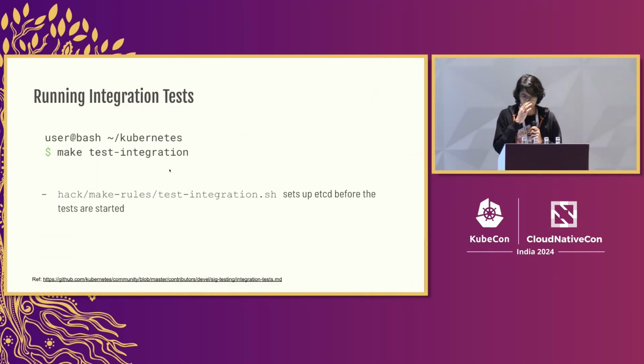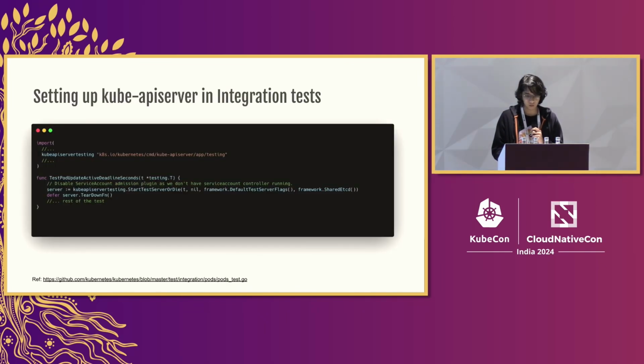For running integration tests, you need to have etcd installed on your machine so that the script can start etcd. And for testing the API server, you have this Kube API server testing package with which you can start a test API server against which you can test your code. I've linked the file from which I've taken the snippet at the bottom of the slide.